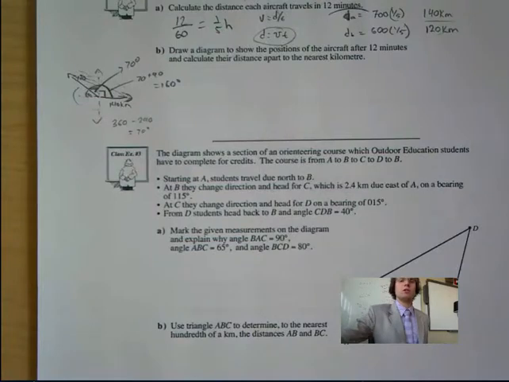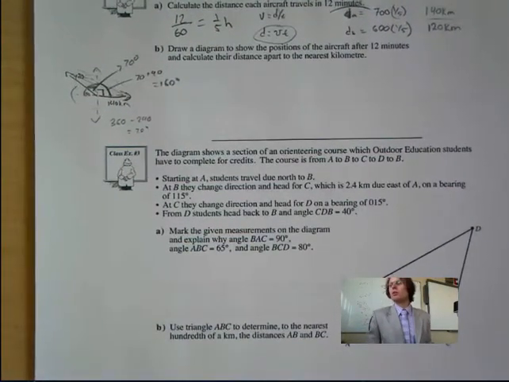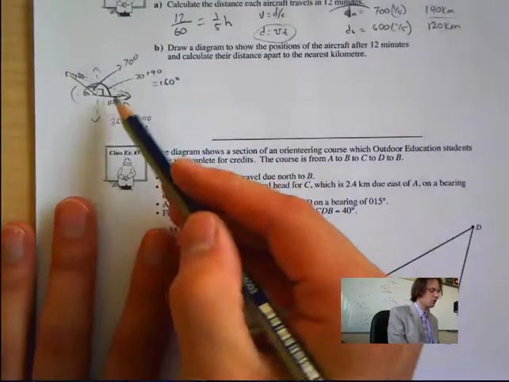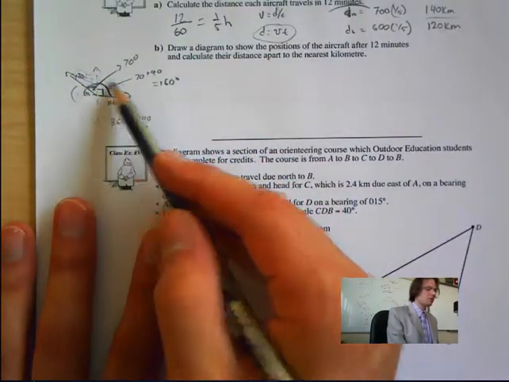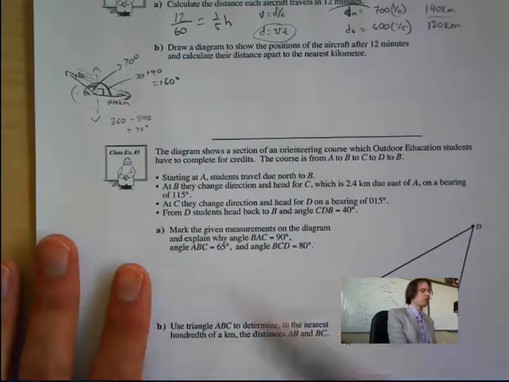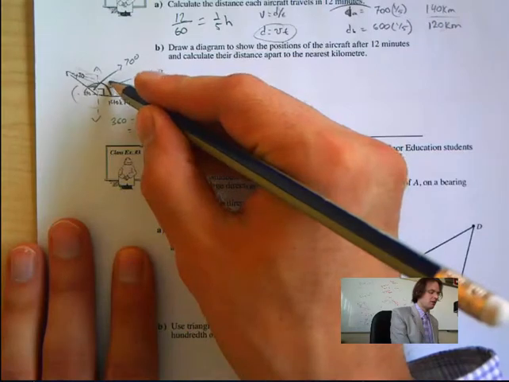Now, it wants us to calculate the distance in kilometers apart. So we're going to have to figure out which law to use. We know there are two sides and the angle between them. As soon as we know that, we have to use the cosine law to find the third side. I'm going to call this side a.